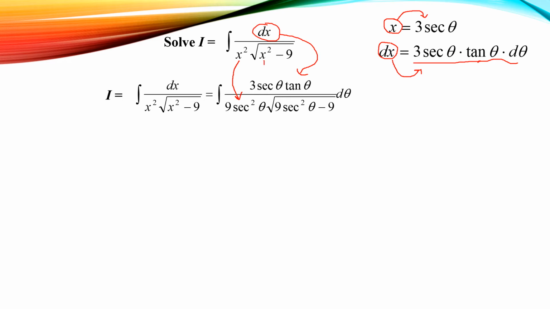And when we take that same x squared and plug it into the function inside the square root, we get 9 secant squared theta for that as well. Notice you can always check when you do trigonometric substitution that the coefficients inside your difference of squares match up.